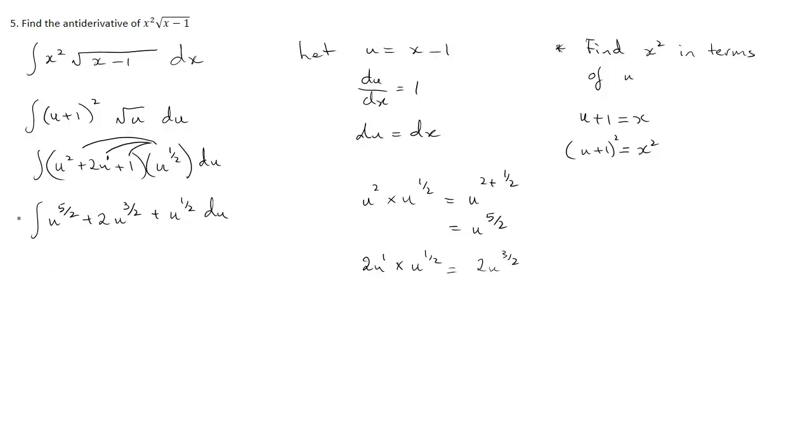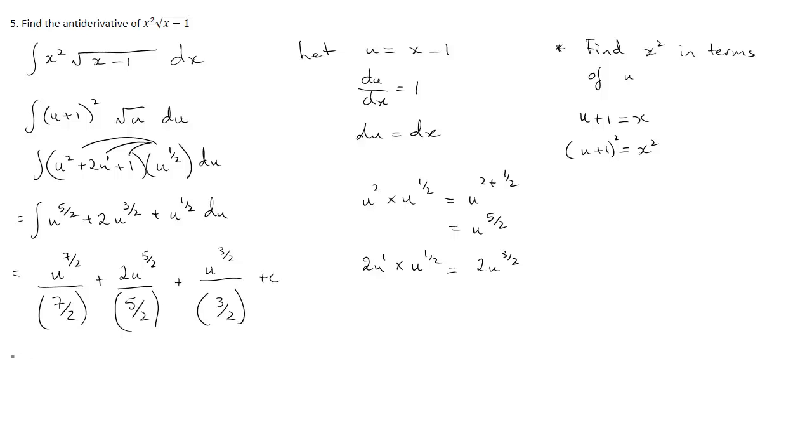Okay, and in the next step, we have to just increase the power by 1. So increasing the power by 1, 7 over 2, divided by the new power. So that's going to be 5 over 2 divided by the new power. And so you will realize a trick here.